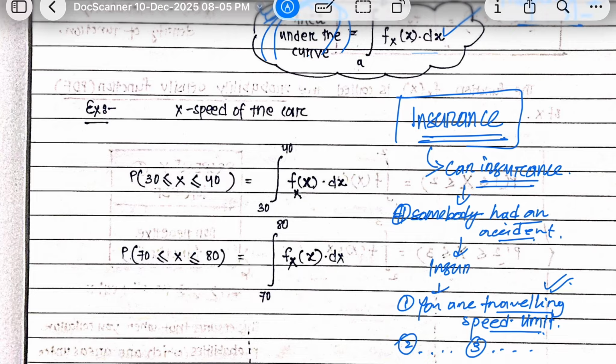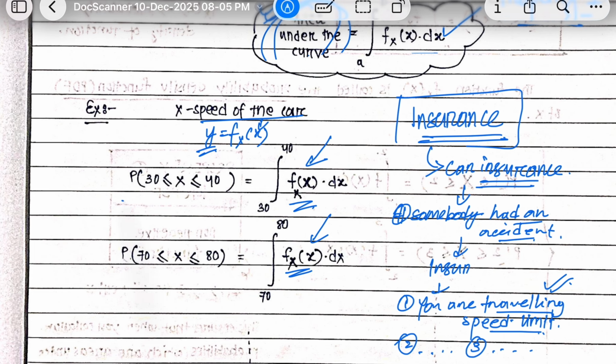There is no speed recorder present there, so in this situation they have given a function that is depending on that. Suppose they have given a function that takes the speed of the car as input and gives the probability.